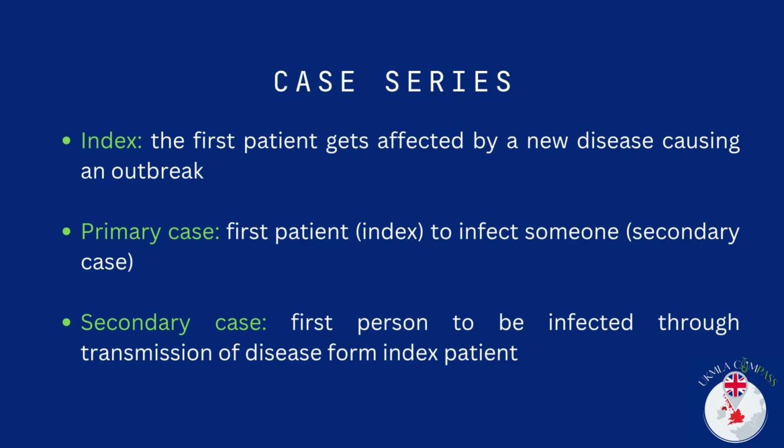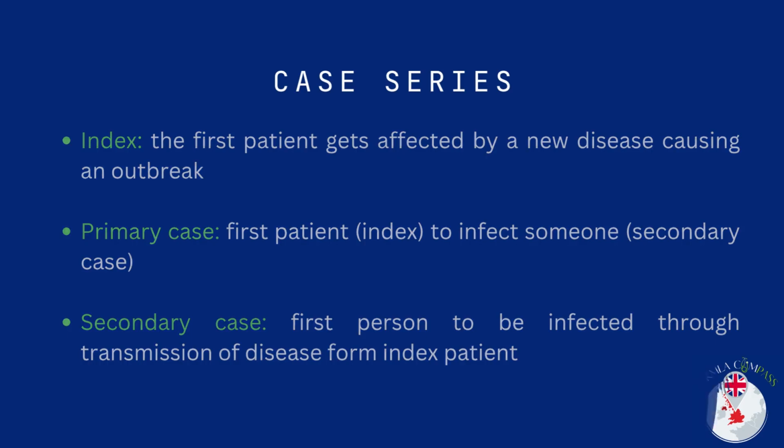He is the first person to cause infection to another one. Let's get into the secondary case. The secondary case is Maria. It's the first person to be infected from a diseased person, not from the direct source. So Maria is the secondary case. Sam, before infecting anyone, he's an index. After infecting Maria, he's a primary case.